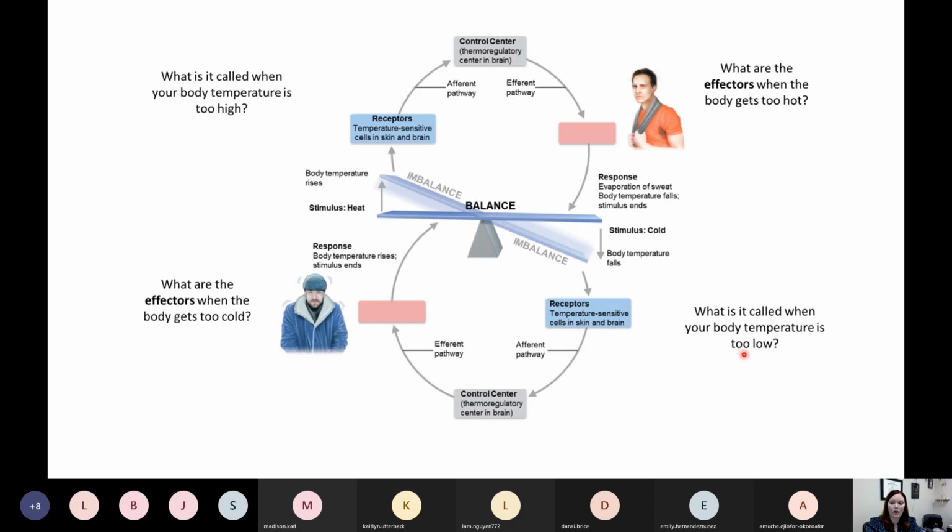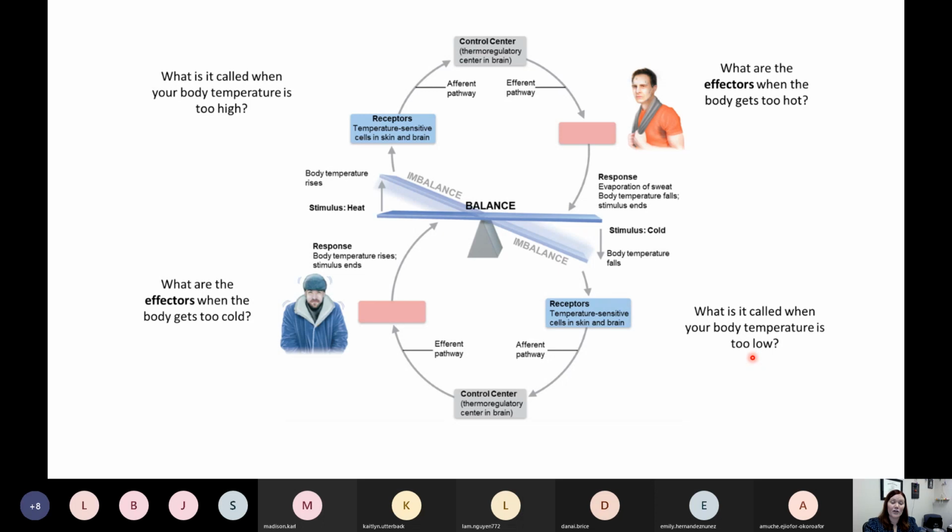I'm pretty sure we've all heard this word before. What do we call it when our body temperature is too low? It's lower than it should be. This is what happens when we go outside in an ice storm, right? We might catch something. What might we catch? Exactly. Yeah, several of us are chiming in.